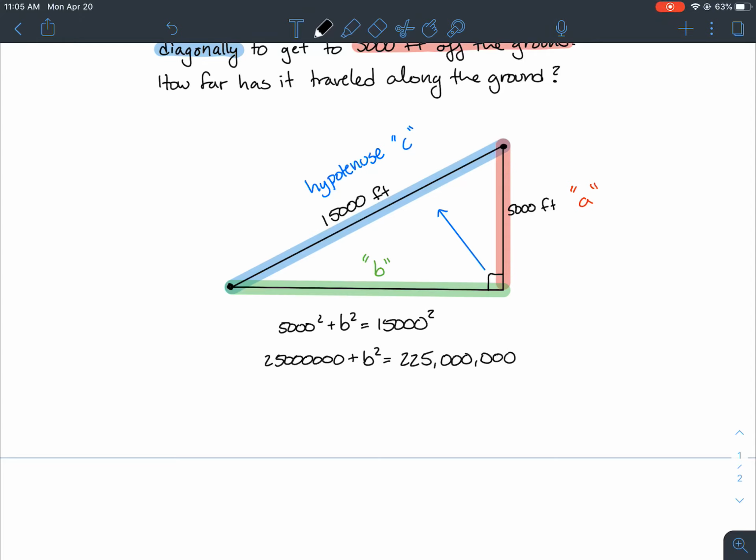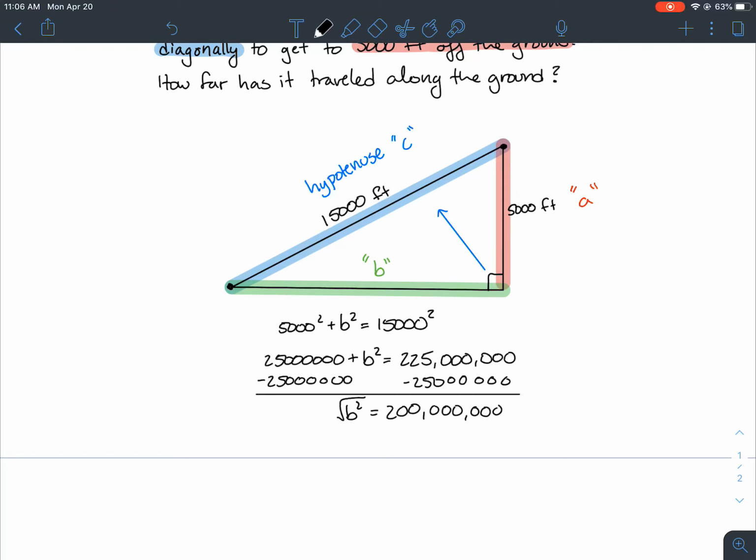Okay, and so now we're going to subtract. So I subtract my 25 million from both sides. And I get b squared equals 200 million.